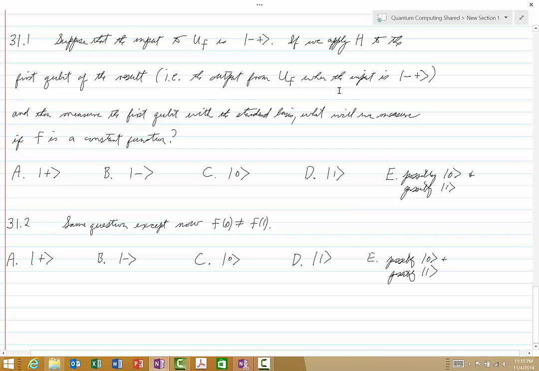And keep in mind that the Deutsch problem algorithm only really works if the answers to these two problems are different. The answers have to be different, and neither answer can be E. If either answer is E, then that means it doesn't work in just one query.